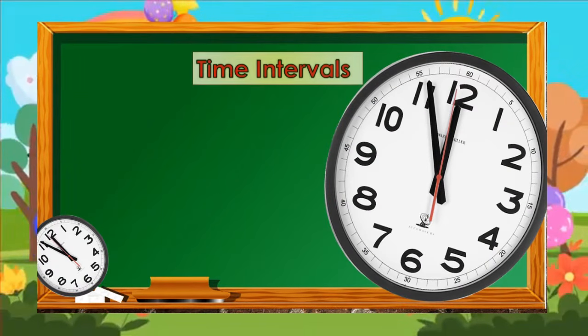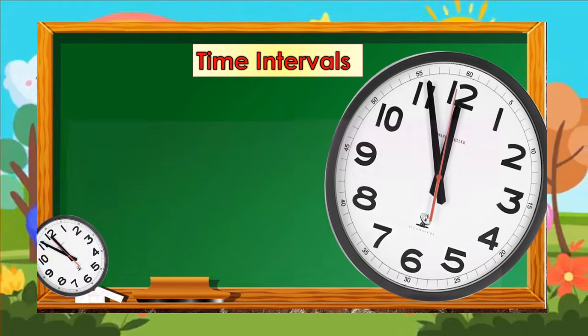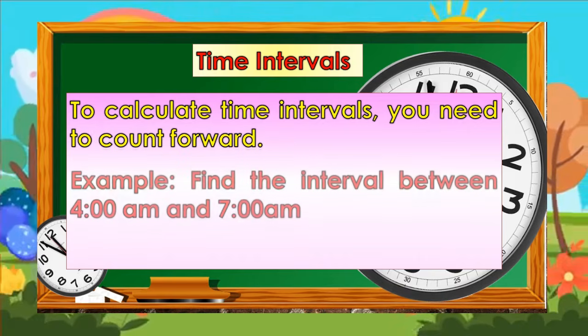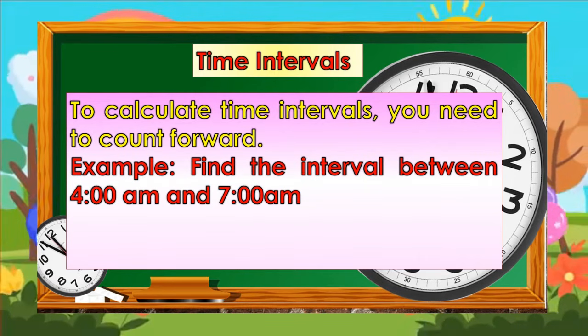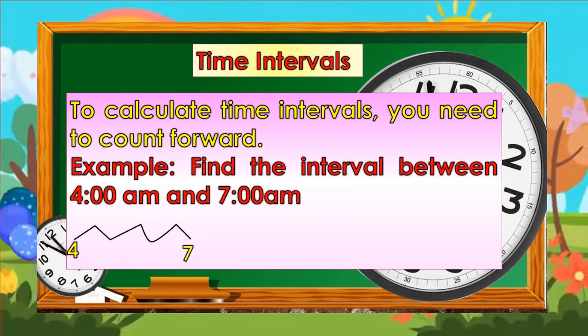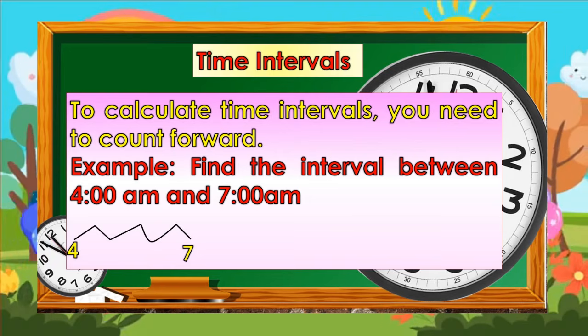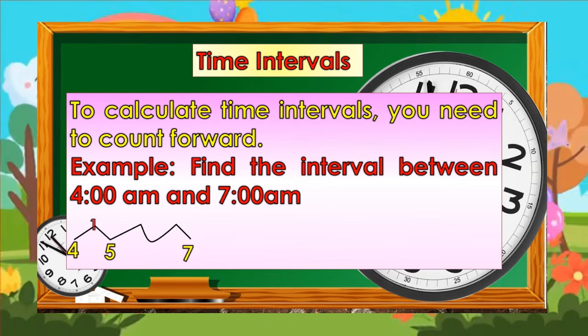Now let's talk about time intervals. To calculate time interval, you need to count forward. Example: find the interval between 4 AM and 7 AM. Now the time is 4 AM. Before it strikes 7 AM, the clock hits 5 AM, which has a 1 hour interval.